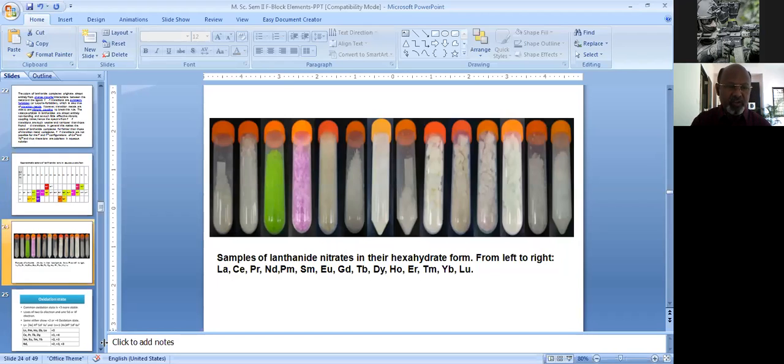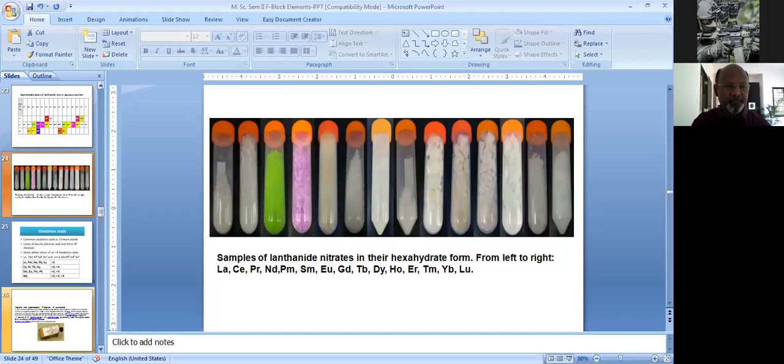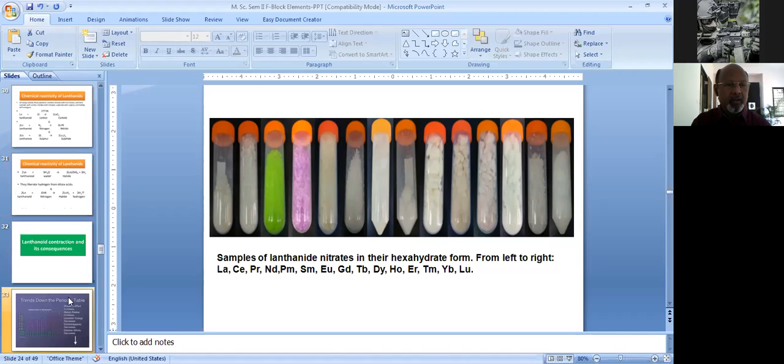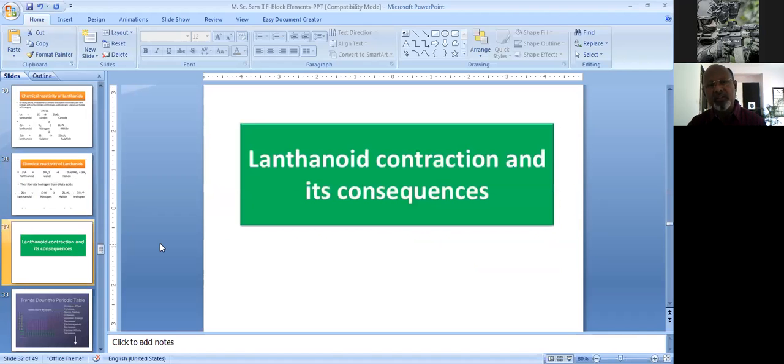Now, after which, if we proceed further, the next part of this f block element is the lanthanoid contraction and its consequences. We know the word contraction means simply that the size decreases. This decrease in atomic dimensions of lanthanide elements is known as the lanthanide contraction.